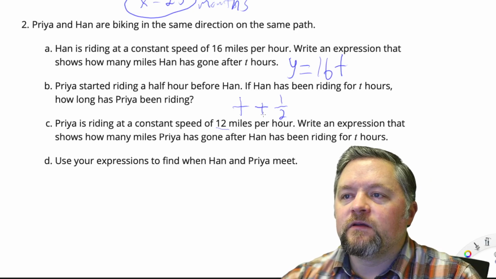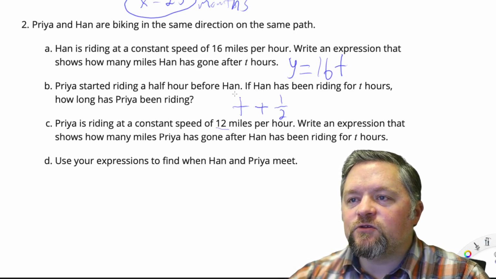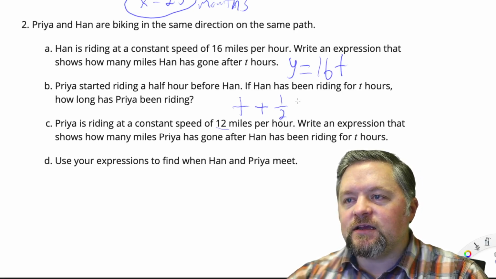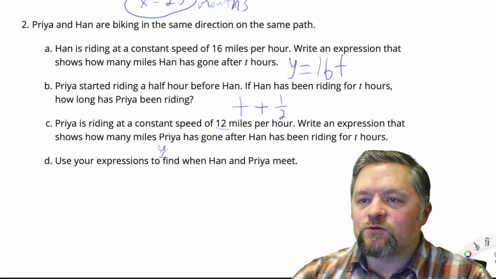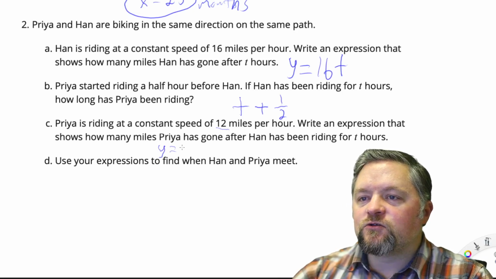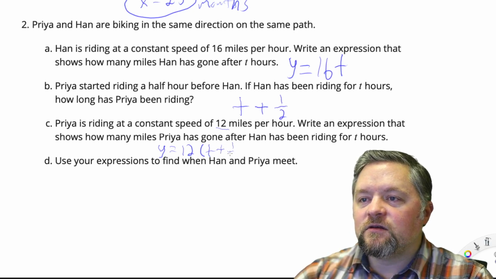So, the way this has to work is 12 miles an hour is the unit rate, but Priya's time isn't just t, it's t plus 1/2. So Priya is y equals 12 miles an hour unit rate times her time, which is t plus 1/2.